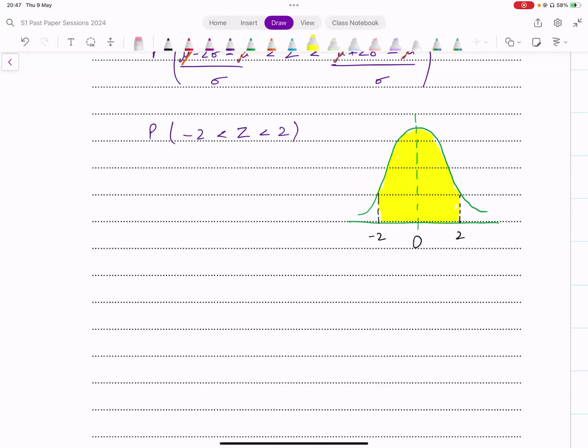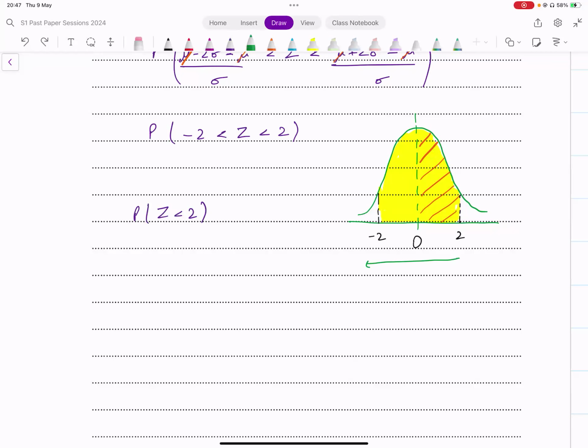Right? Now, how do you find this area? Since the curve is symmetric, a simple way of doing this would be that you break it down into two parts. You say, let's find this area and then just multiply this by 2. How do you find this area? Finding this is very simple because you can say, find the area to the left of 2. What would that be? That's probability of z less than 2. All of this region.